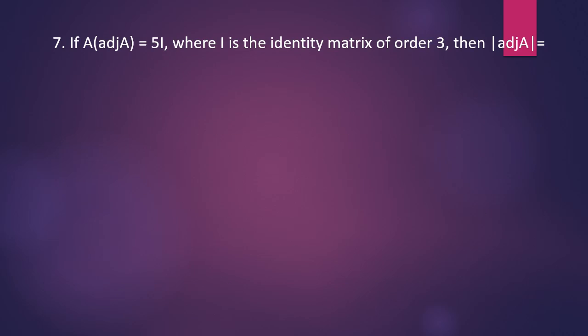The seventh question will be, if A into adjoint A is equal to 5 into I, where I is an identity matrix of order 3, that means A is also a matrix of order 3. By seeing this we can identify. Then we have to find the determinant of adjoint A here.